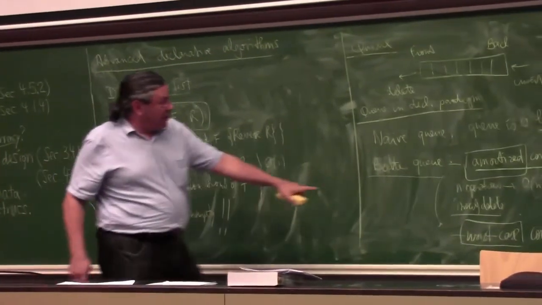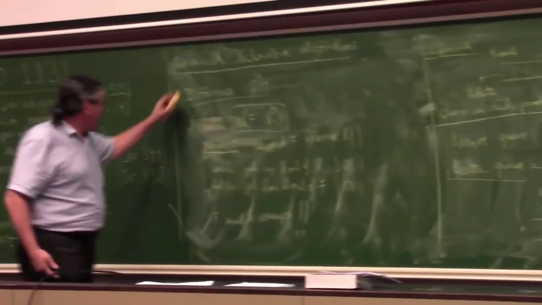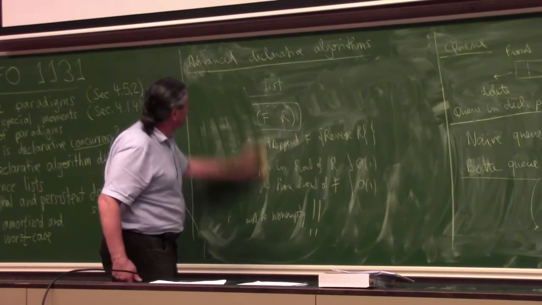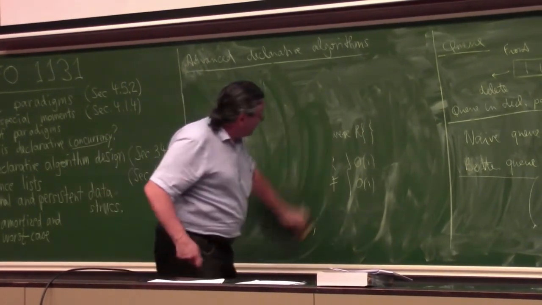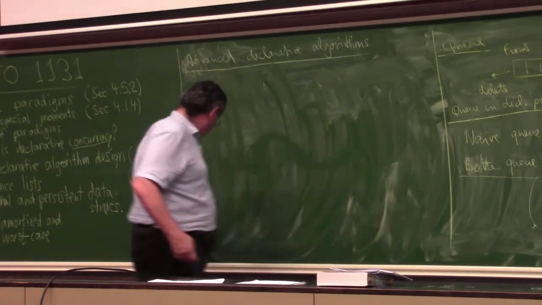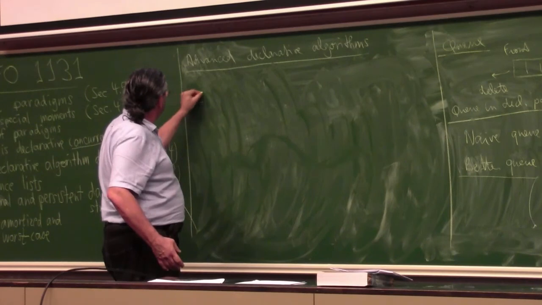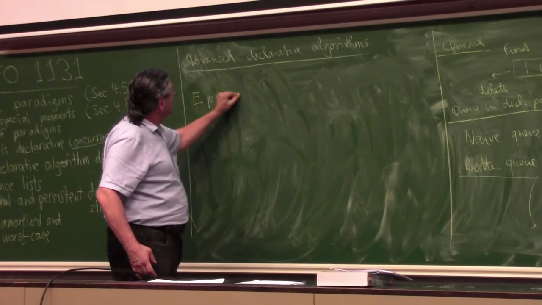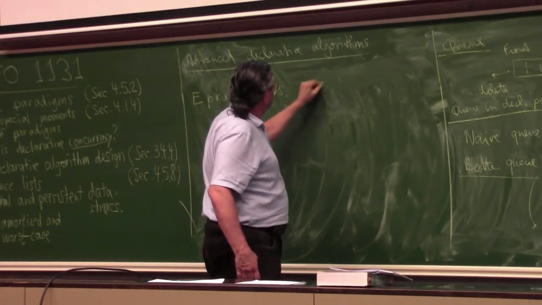So how can you get better than worst case constant time? Well, that's as good as you can get, right? Actually, there's another improvement you can make. You can make the data structure persistent instead of ephemeral. So let me explain. I have the notion of ephemeral versus persistent data structure.